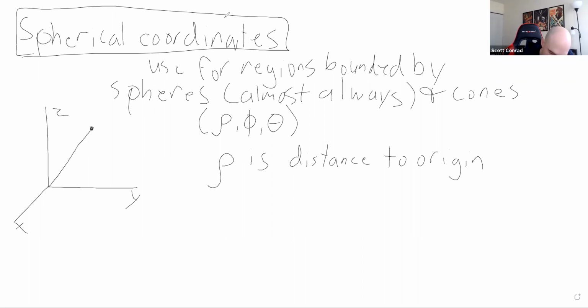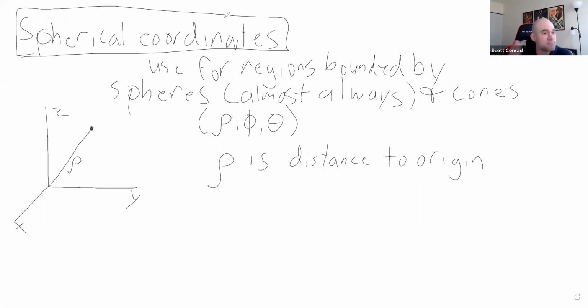You take your point and you look at the distance to the origin, that's rho. So if your rho is 2, your distance is 2 from the origin, that means you lie on the sphere of radius 2. That's how we're going to think about this.